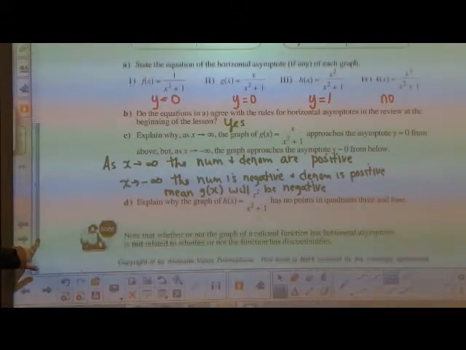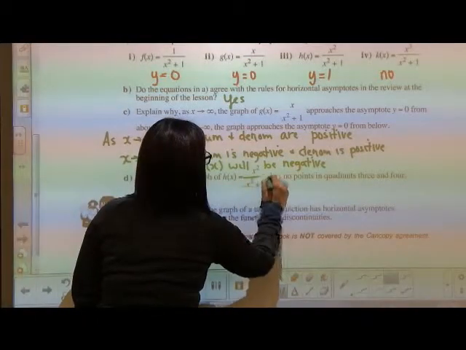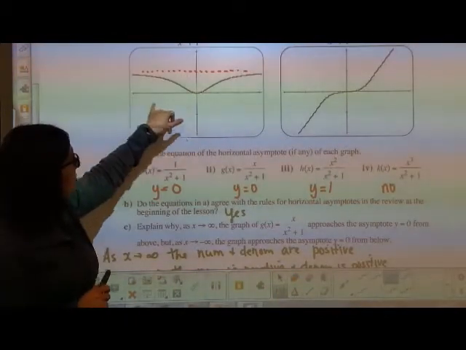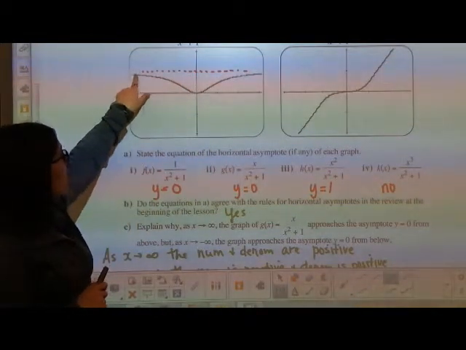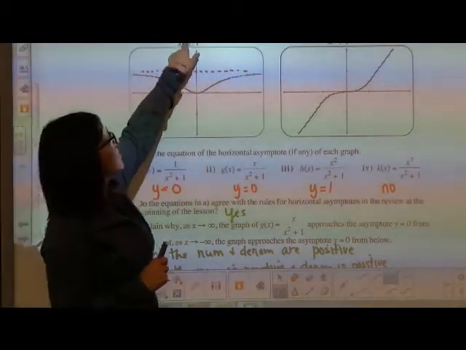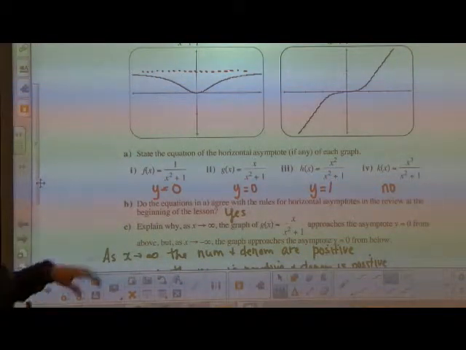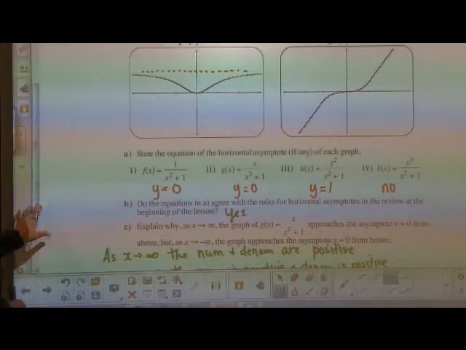Question D says, explain why the graph h of x has no points in quadrants 3 and 4. So why does this graph not exist down here? Well, because for all negative x values, when I square them, I get a positive value. And when x is positive, it remains positive.